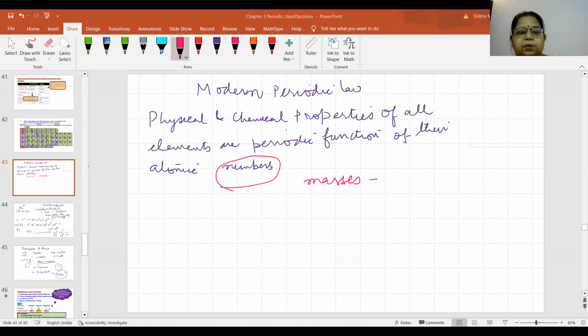Okay, let's take an example. I want the configuration of 27 in terms of SPDF.